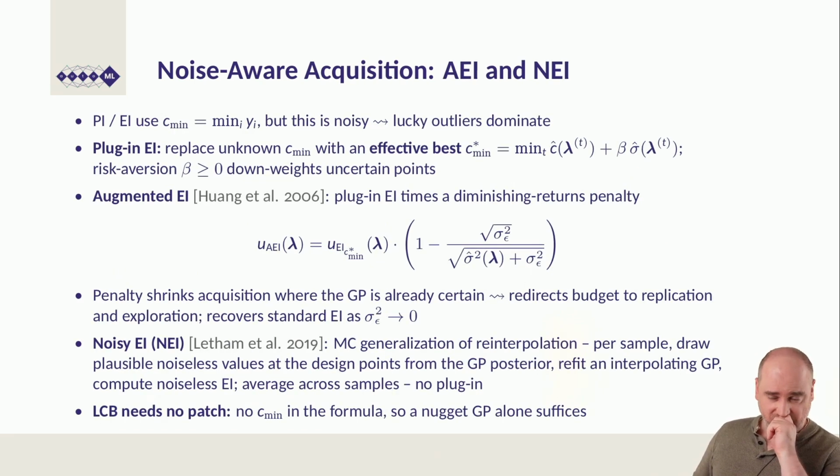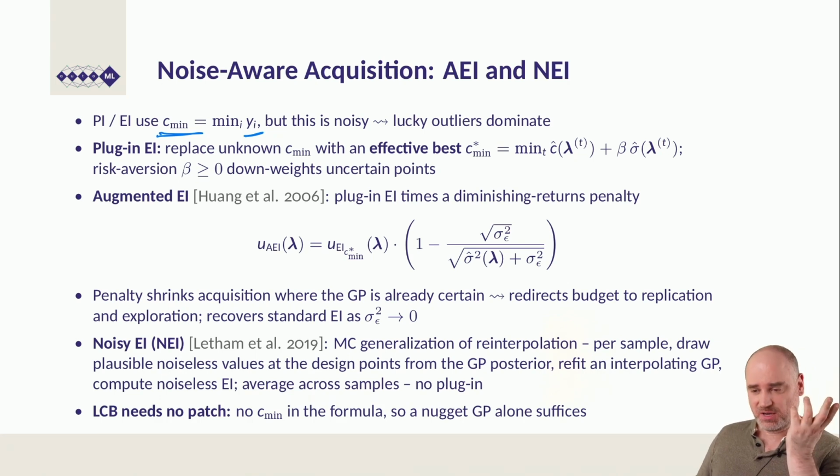Do we have to do something with the acquisition function? Unfortunately, the answer is yes. So potentially we have to change that as well. The first thing that comes to mind is that in the acquisition function we have this C min guy, right? The C min is simply the minimum value of all of the costs we have seen in our archive. And in this case, we have observed these noisy y variables.